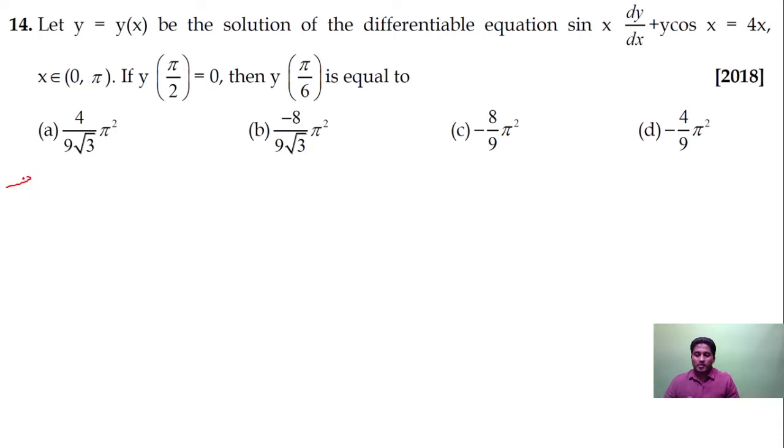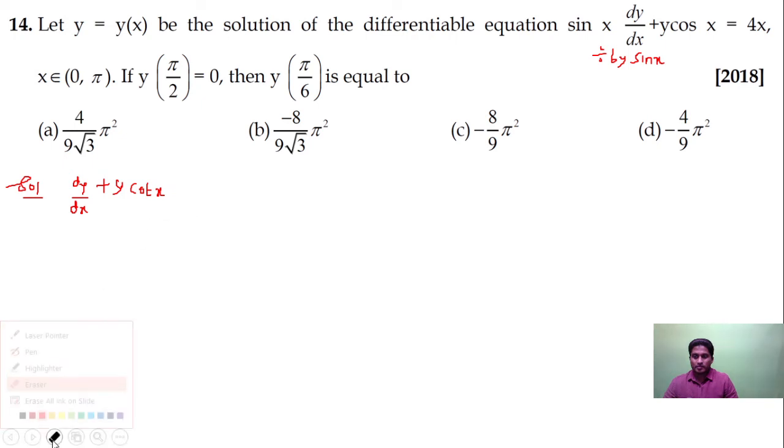Now I'm going to divide by sin x. If I divide by sin x, this becomes dy by dx plus y cos x by sin x, that is cot x, is equal to 4x into 1 by sin x, which is cosec x.